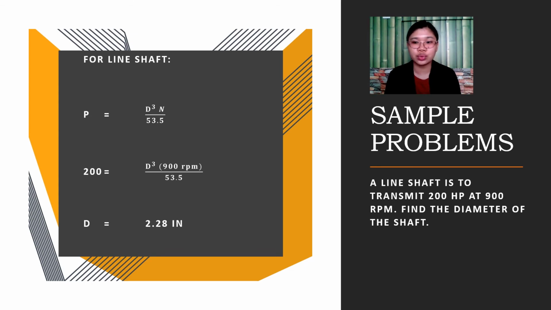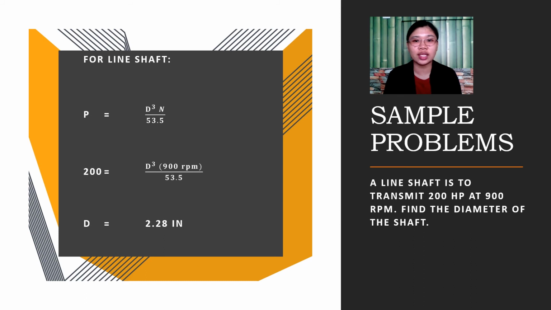I want you to know how to use the formula to further visualize it. The problem states that a line shaft is to transmit 200 HP at 900 RPM. Find the diameter of the shaft.